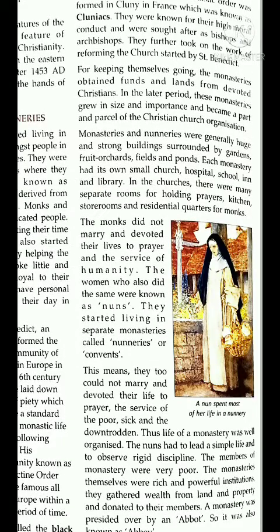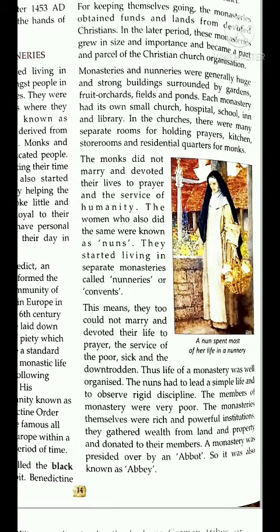The women who also did the same, who used to live like monks, were known as nuns. They started living in separate monasteries called nunneries or convents.